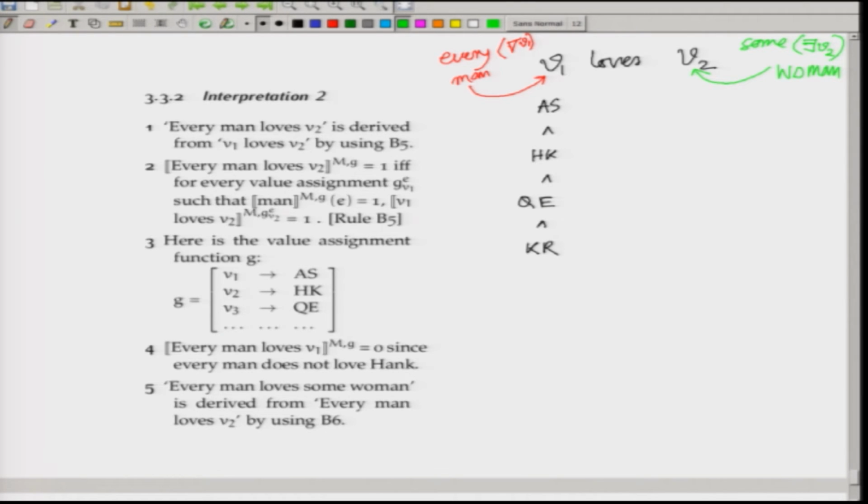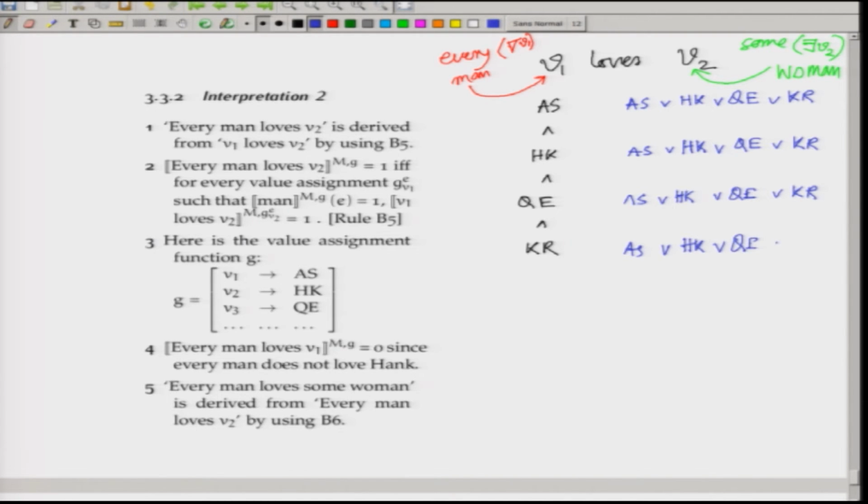So, here you find these things, and because this is a case of some, we have now AS or HK or QE or KR. It will be written everywhere. The pen does not write very fast, that is one problem we have. QE or KR, and once again AS or HK or QE or KR.